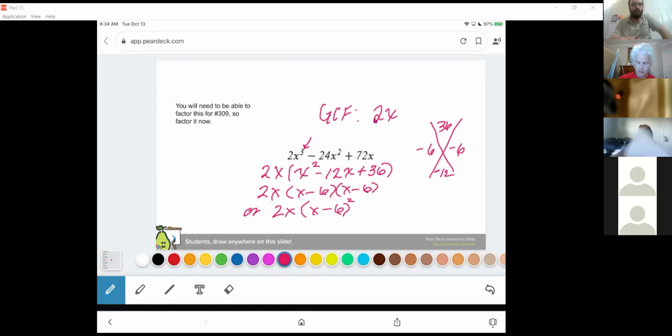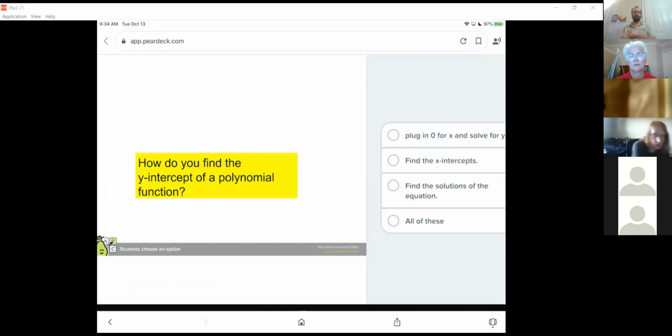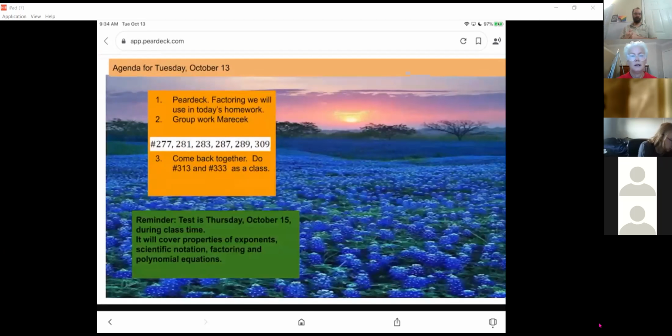So I am going to put y'all in groups. And I just want you to do those 6 problems. 277 and 281 are already factored. And then 283, 287, 289, and 309. You may have to get it in the right form, set equal to 0 first, but then we've already done all the factoring.